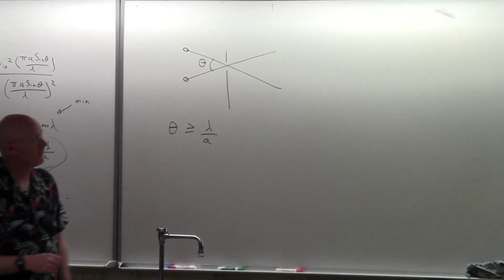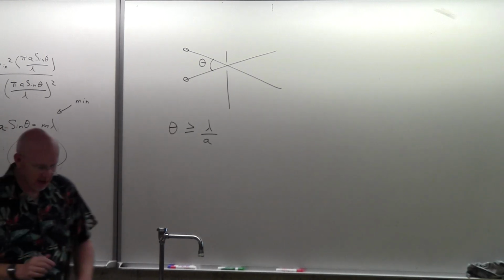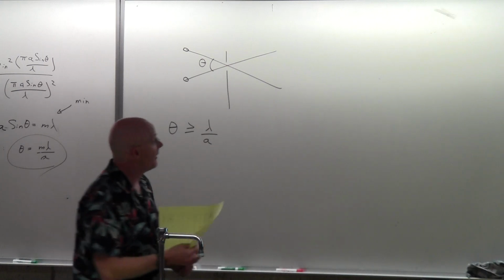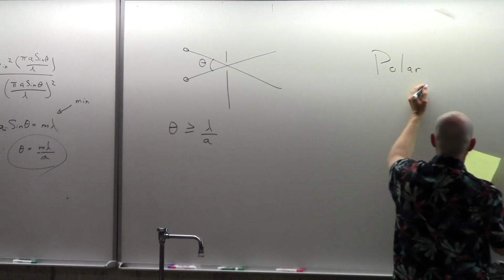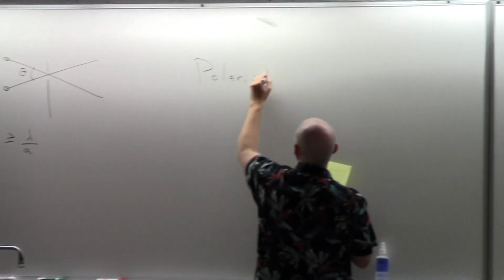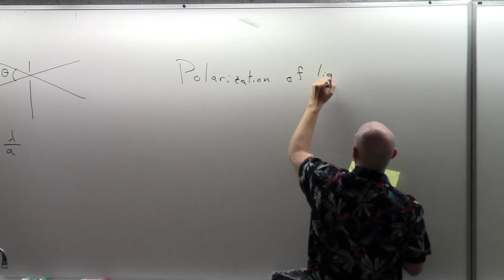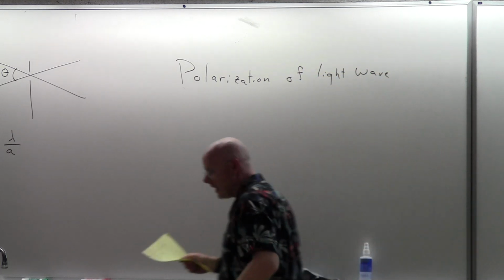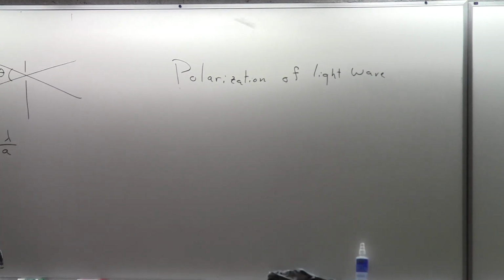Well, the last thing then is polarization. Let's see how much we can do on polarization. The polarization of light is something that we're not as acquainted with optically because we don't pick it up with our eyes.